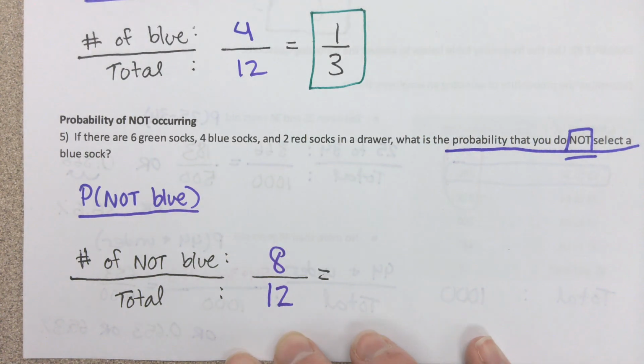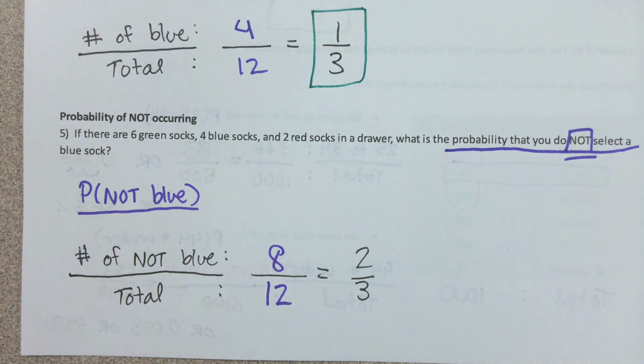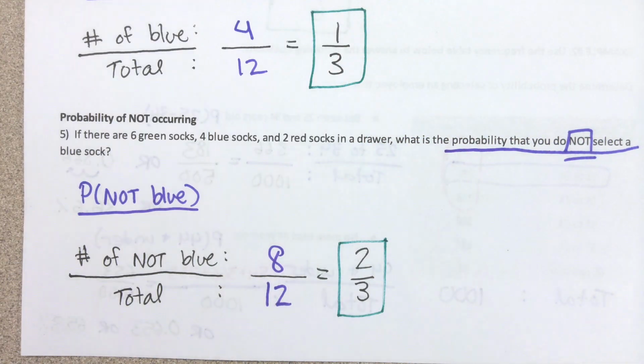Use the calculator. That reduces to 2/3. Questions about socks before we move on to the next page? When you're ready, flip it over to the next slide.